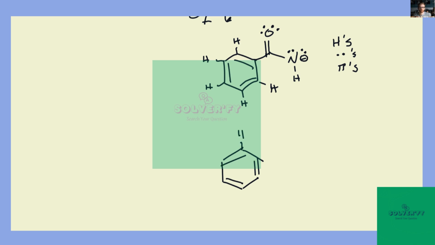You can have your hydrogens. You're going to have your double bond to oxygen here, single bond to nitrogen, single bond to hydrogen, lone pair above, and a lone pair to the right, and a negative charge.